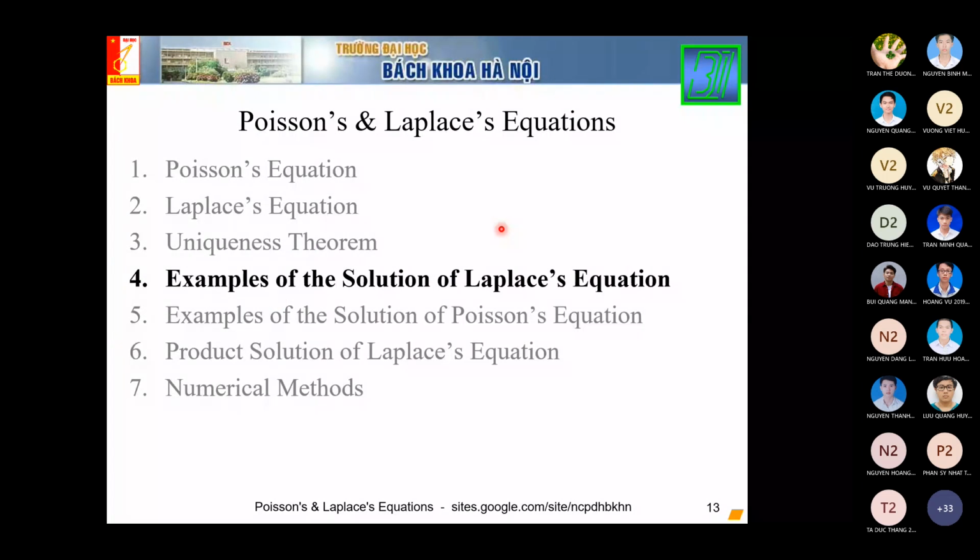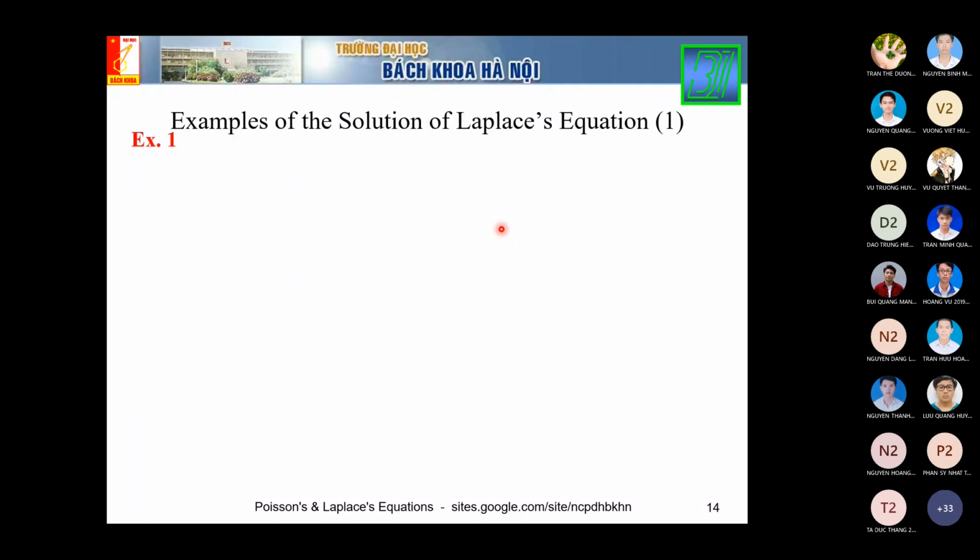Now we do some examples about finding the Laplace equation solution. We start from the simplest case. We suppose that our solution depends on only one variable, x, for example. So what happens now? This is our Laplace equation.